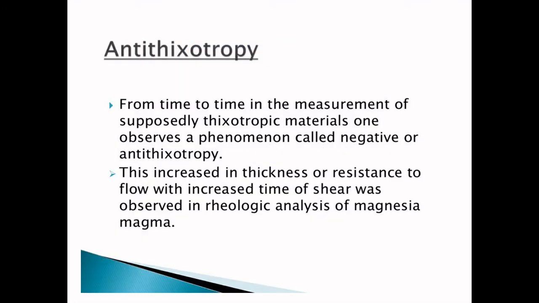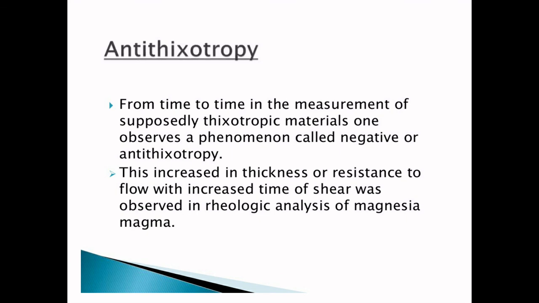From time to time, in the measurement of supposedly thixotropic material, one observes a phenomenon called negative or anti-thixotropy. This increase in thickness or resistance to flow with increased time of shear was observed in rheological analysis of magnesia magma.